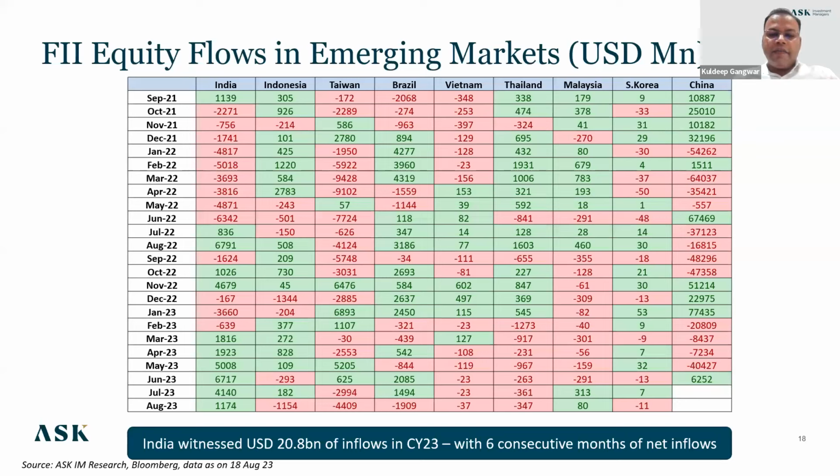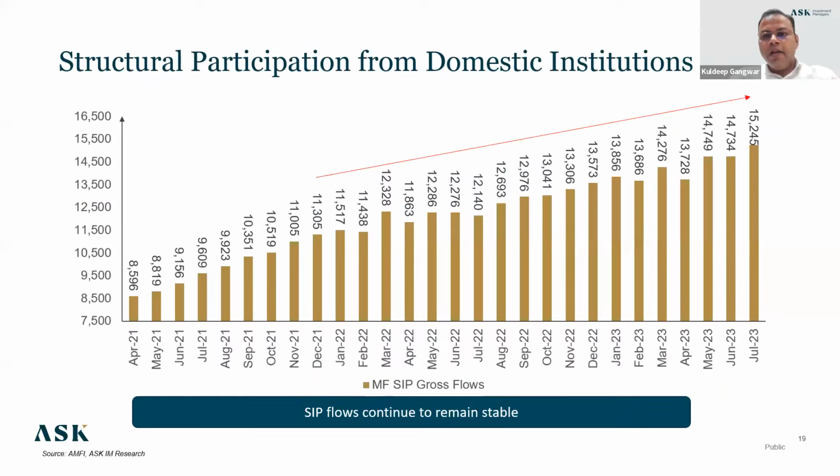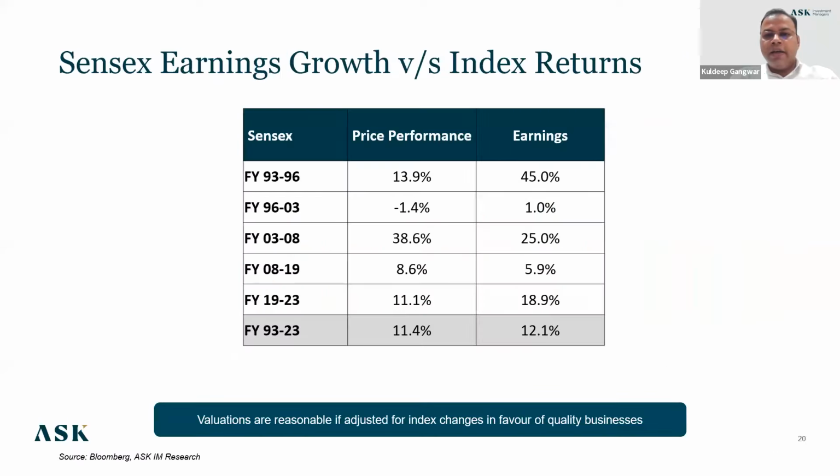So that's the reason the market has responded quite positively since March 23 onwards. Our domestic flow has been quite strong, always inching northward, month after month, quarter after quarter, and year after year. That continues to remain the trend.